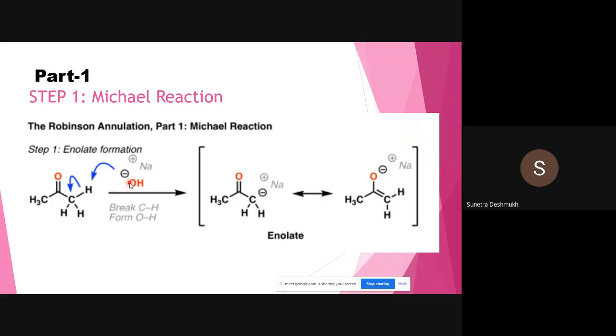Now step one is the enolate formation, the abstraction of a proton from the active methylene compound. We generate the carbanion here, and in its resonance form the carbanion gives the enolate as an intermediate.